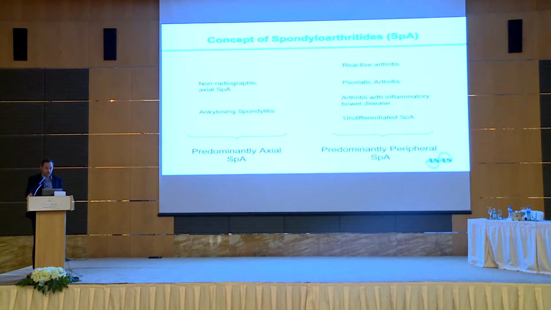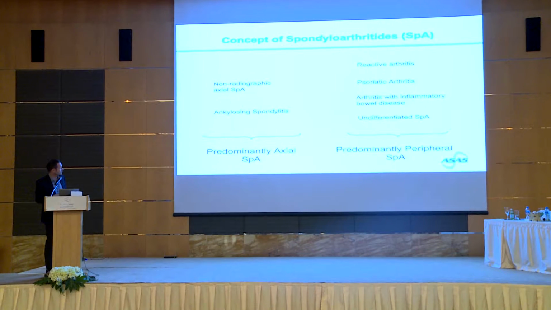I mentioned that before, and this is another way of showing it. We are talking about a concept, and this concept of spondyloarthritis is what you see here. We are trying to put together some symptoms, some identified patients into one diagnosis, and we would like to start with axial spondyloarthritis, then go over to peripheral spondyloarthritis.